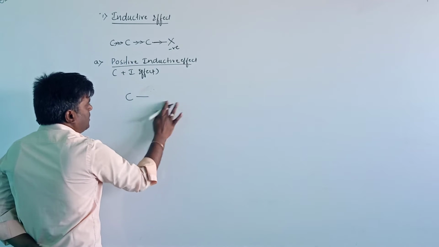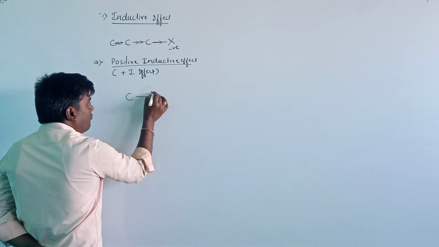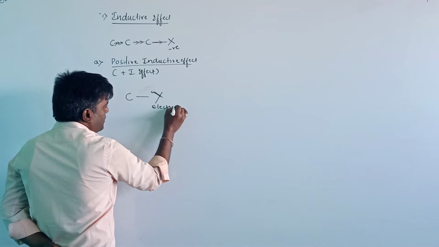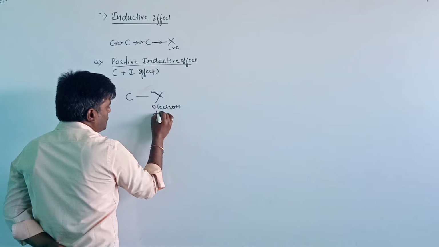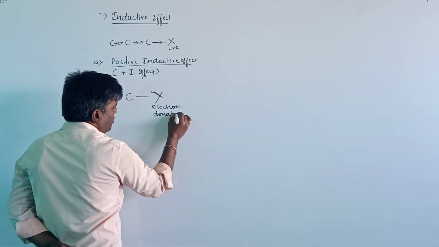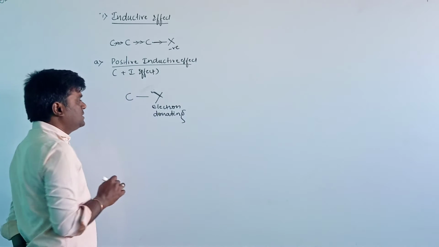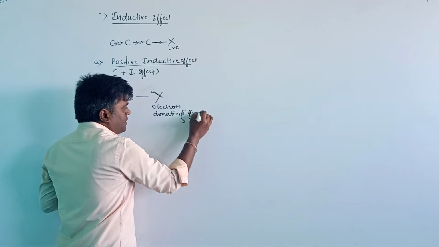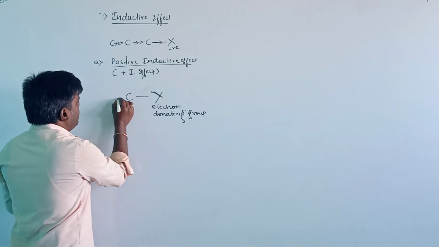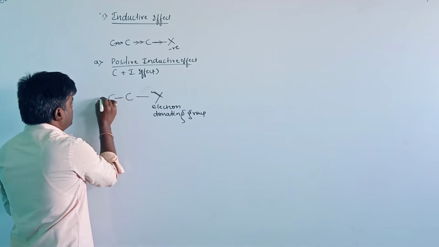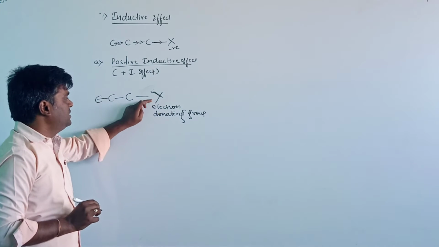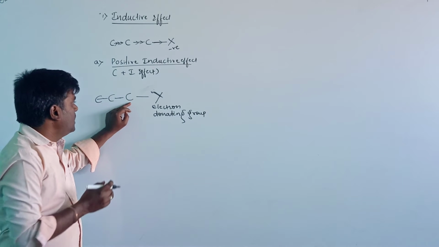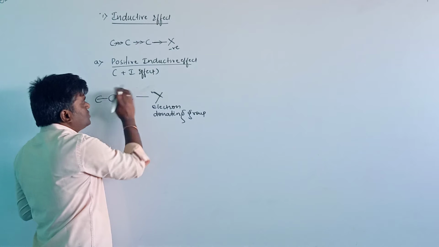Consider an electron releasing group, Y here. It is an electron donating group, or you can call it an electron releasing group. Y is the electron donating group attached to the carbon chain. Then it will donate electrons to the carbon chain.